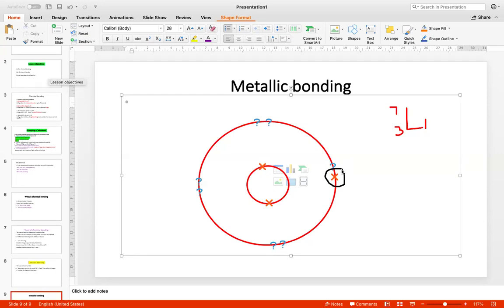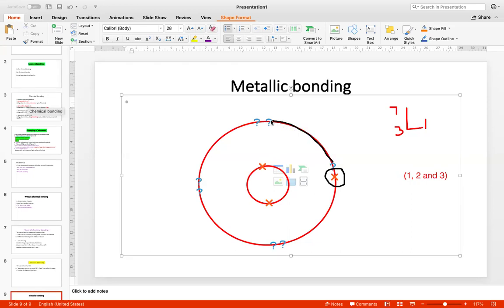So these electrons that are there in elements with 1 electron in the outermost shell, 2 electrons in the outermost shell, as well as 3, they are said to be delocalized. So this delocalized electron is able to move about.